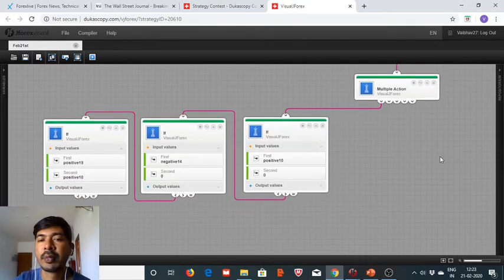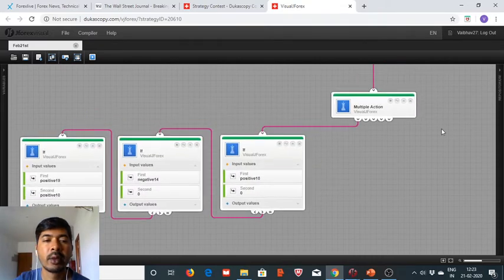So let's get started. We want to put in the sell trade.